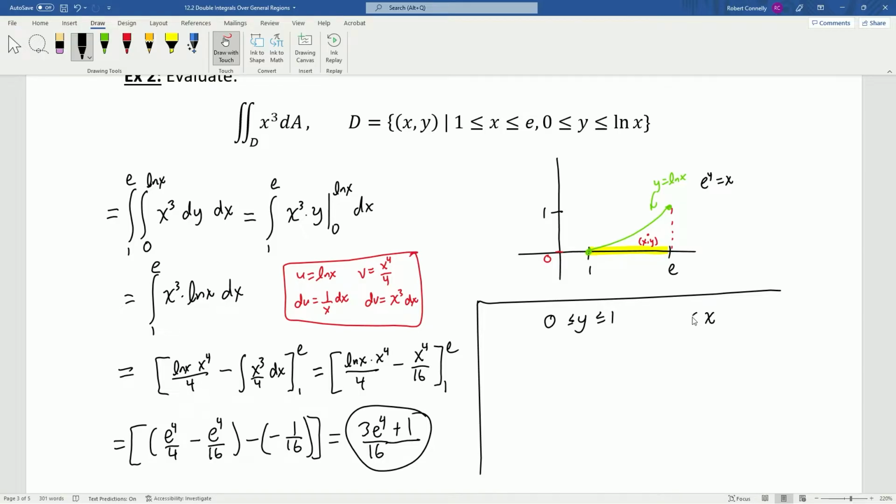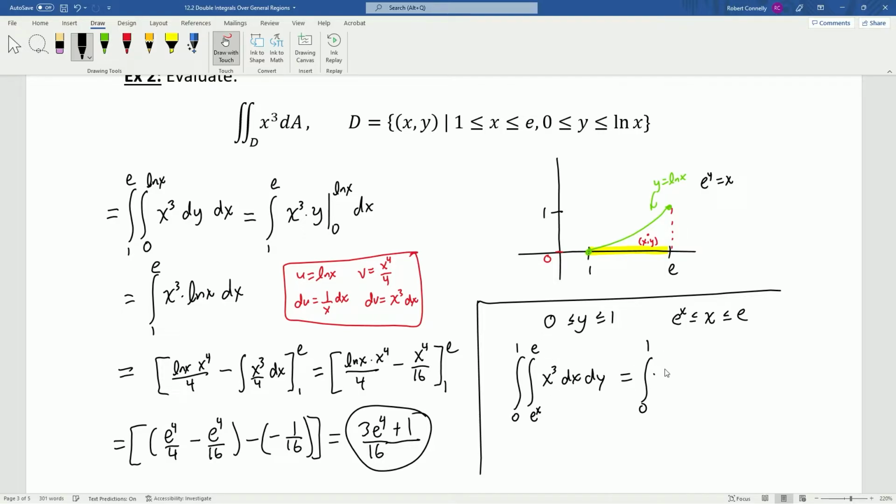So x would be bounded below by e to the y, and it would be bounded above by just e. So now if I wanted to set up my integral, I could set it up with respect to x first. And let's see how this works out.